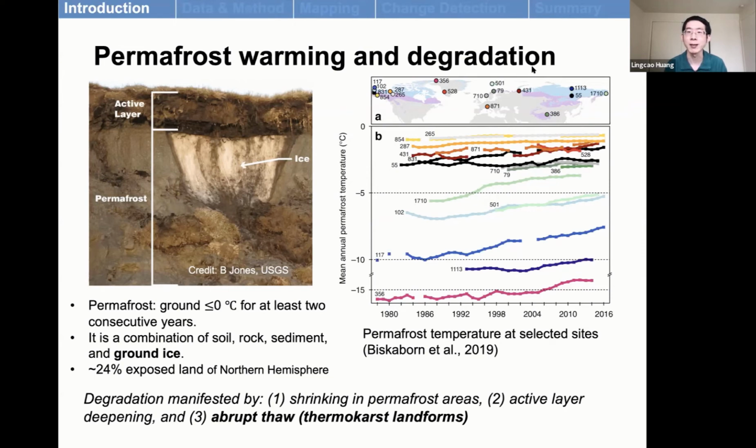And on the left is a figure published in a paper in 2019. This figure shows many borehole observations of permafrost temperature. These boreholes are in Tibet, the Arctic, and elsewhere. From these observations we can see that the mean annual permafrost temperature has been increasing in the last 30 decades.